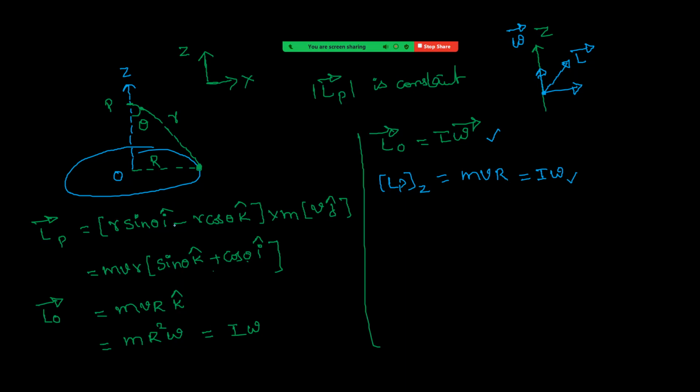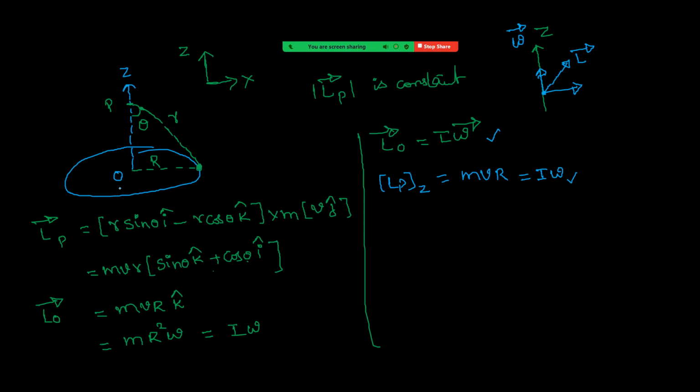And the next conclusion is that when you are taking about the center, then the direction of L bar and the direction of omega bar are both the same. For the remaining points, the modulus value is not changing, but the direction keeps on changing. Okay. And the final conclusion is that the component of L bar along the axis of rotation does not change as long as the point is on the axis of rotation.